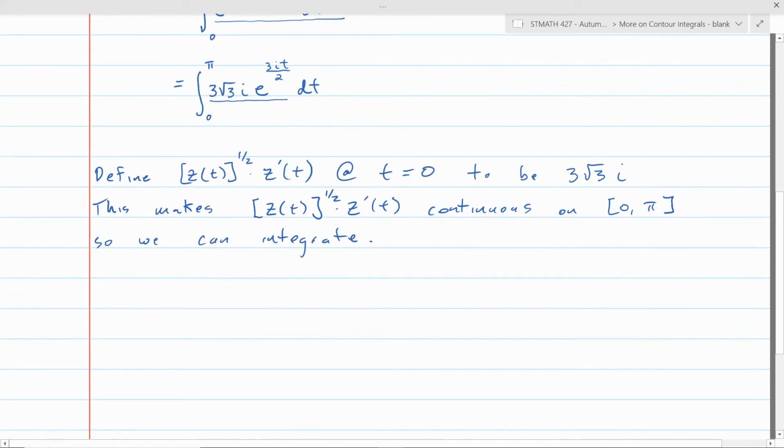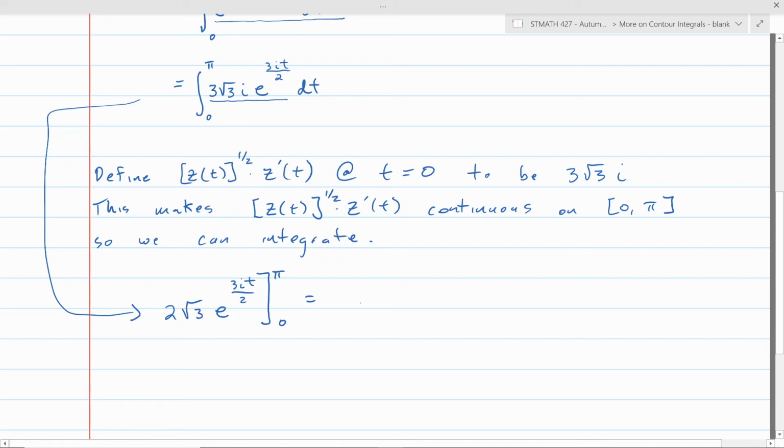And so carrying on with our integration then, I see that I could just do an antiderivative of that expression that's inside the integrand. And what do you get? Well, you're going to have to divide by 3/2 i, so the i's are going to cancel, the 3's going to cancel. It looks like you end up with 2 square root of 3 e^(3it/2) evaluated from 0 to pi.